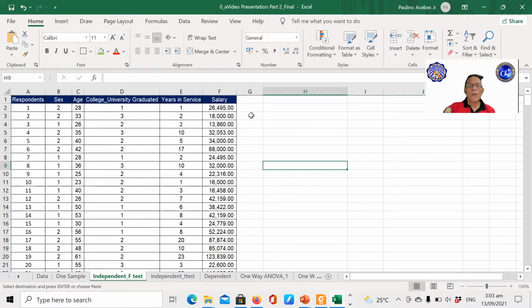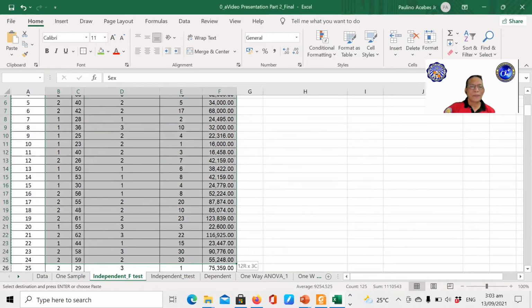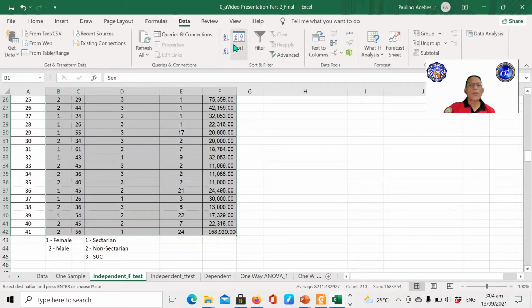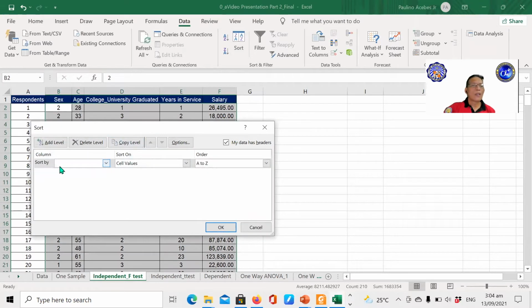Before we compute that, we are going to arrange the data according to the sex, female and male. So what I'm going to do here is highlight the data, and then I'll go to Data, go to Sort, Sort by, and then you sort this by sex.